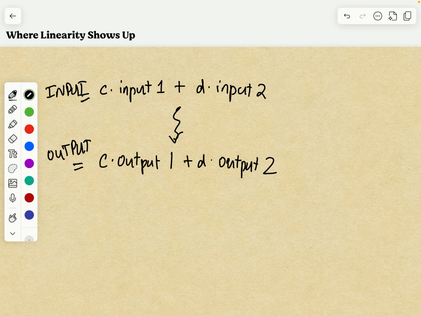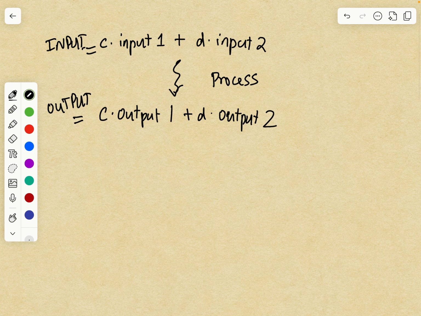And when you have a process like this, that's called linear. This process is linear. Some process, something that's taking inputs and producing outputs. I mean, this process is the same as a function, right?